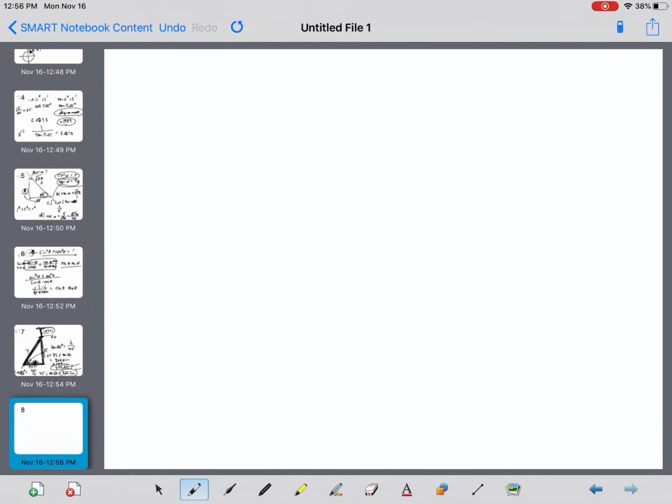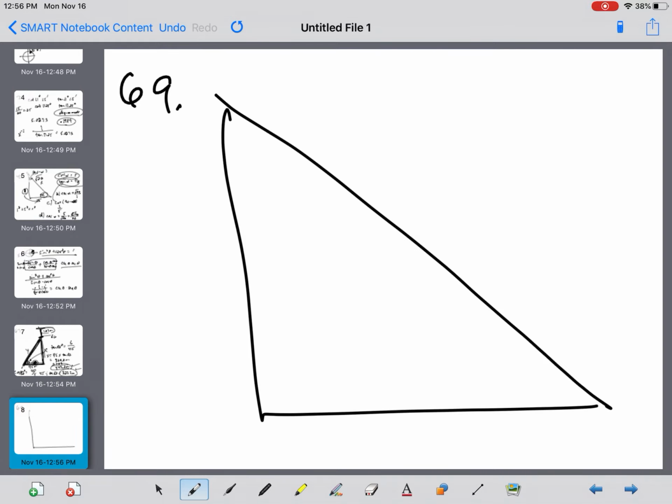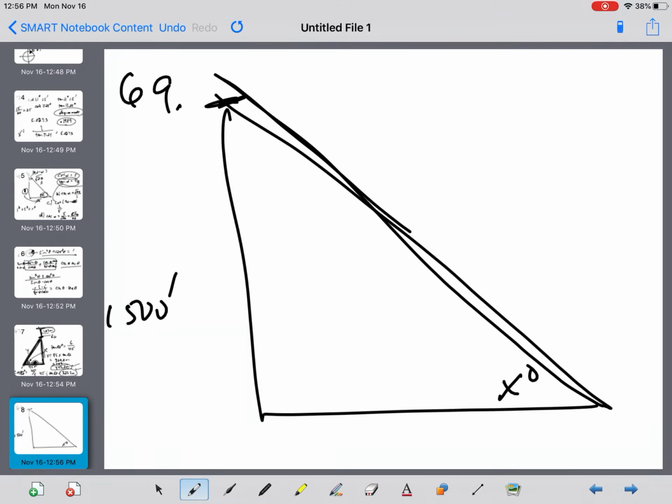And let's do last problem, number 69. And this is dealing with a mountain. And this is up here 1,500 feet. And it wants to know the angle of elevation, which would be this angle looking up. Now, this angle down here, this would be the angle of depression.